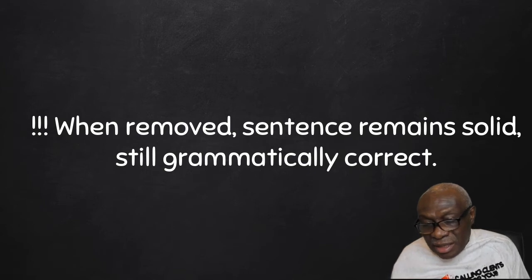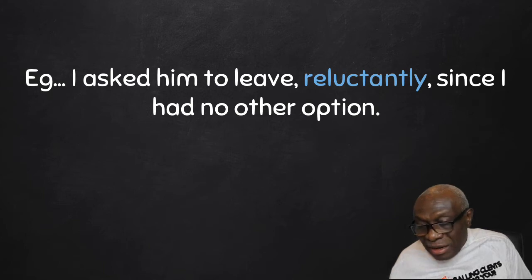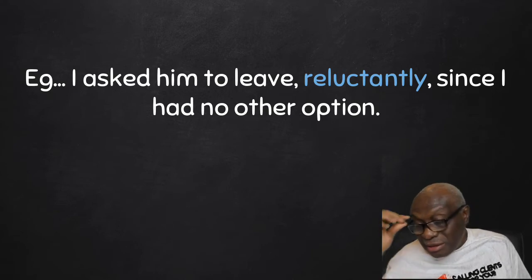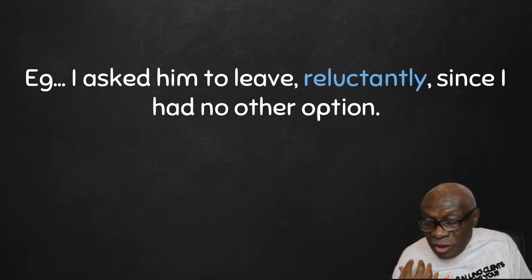Look at this. I asked him to leave, reluctantly, since I had no other option. Reluctantly is extra information. Now, you can see that there is a comma before reluctantly and a comma after reluctantly to indicate that we've used the pair of commas, to indicate also that reluctantly is just extra information that is pushed into the sentence.